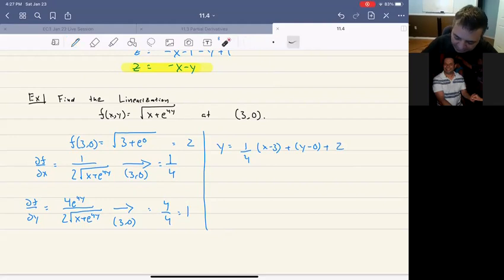Okay, so this is our f sub x times x minus x0 plus f sub y, which is 1, times y minus y0 plus z0. Okay, we'll just write this as y equals 1/4 x plus y. 2 minus 3/4 is going to be 5/4.